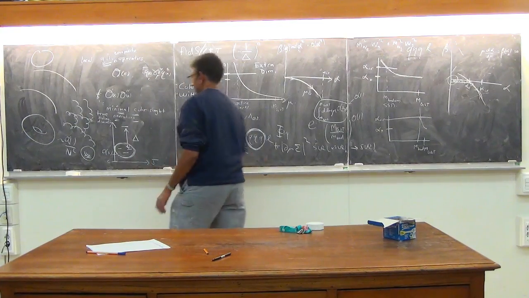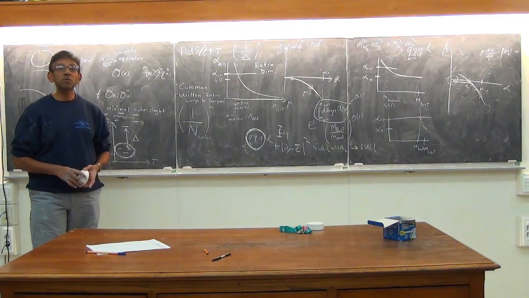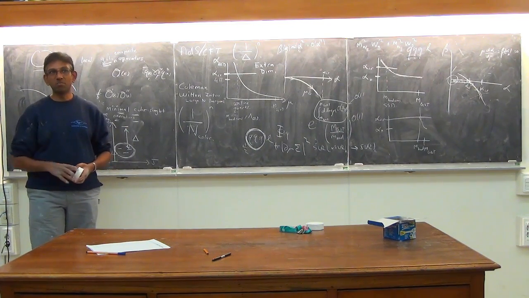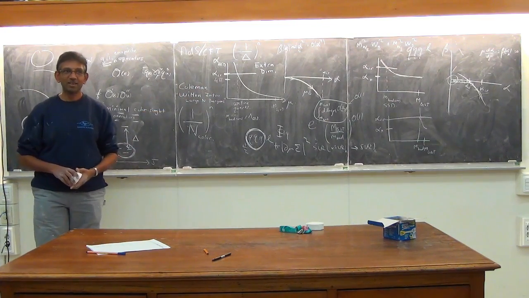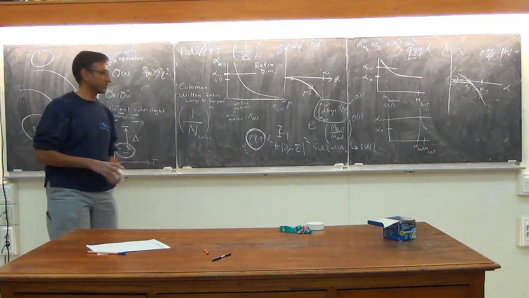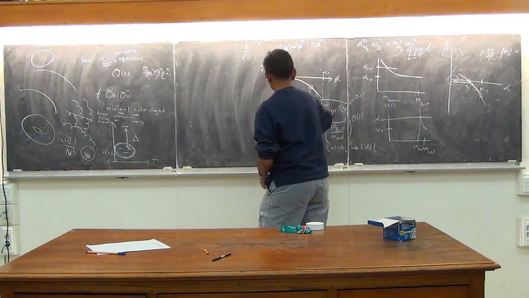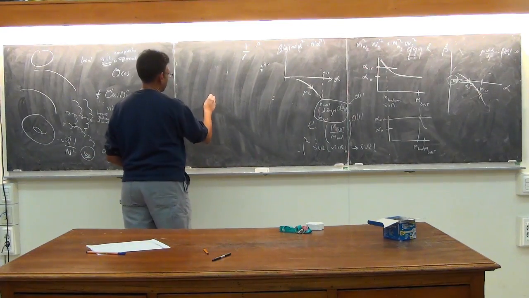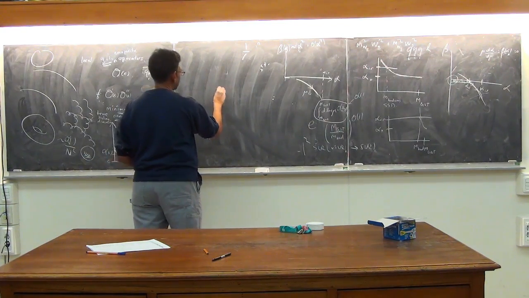Which is, in standard Technicolor circles, people contrast Technicolor to the standard model Higgs by saying that Technicolor doesn't predict the Higgs. It's a so-called Higgsless theory. And let's see why they say that. They say that because this is the so-called sigma.